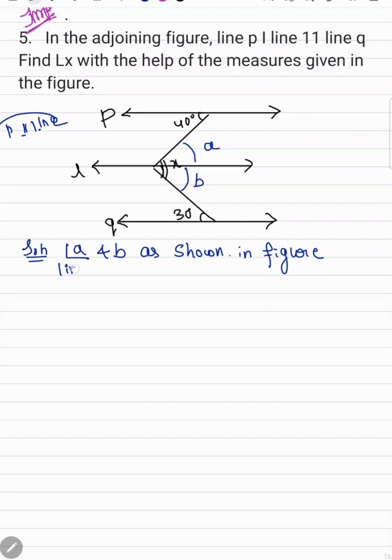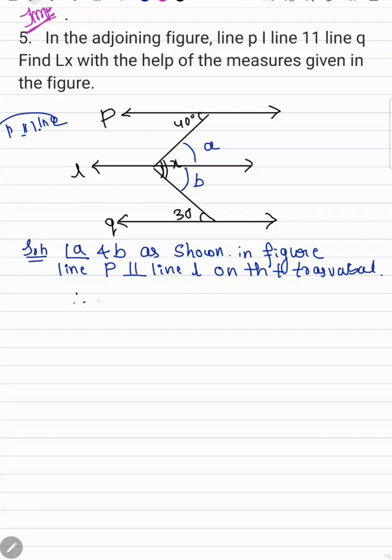Then line P is perpendicular to line L, and L is the transversal.